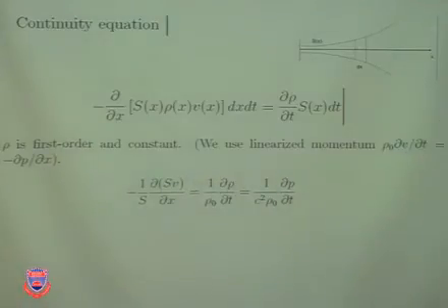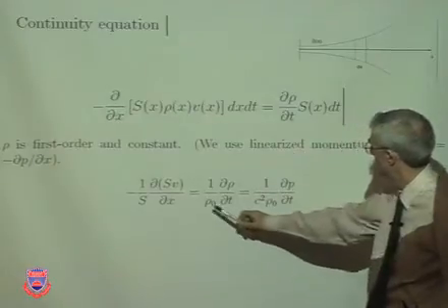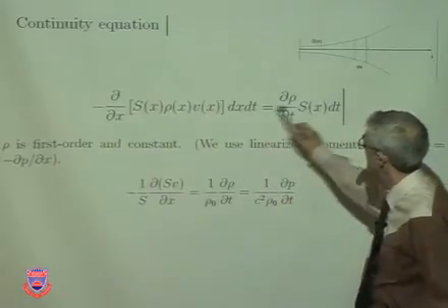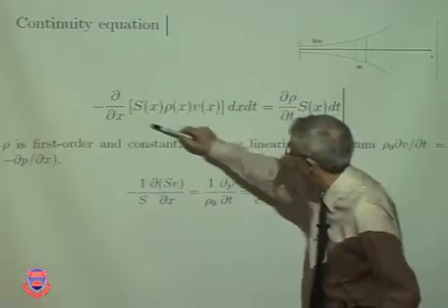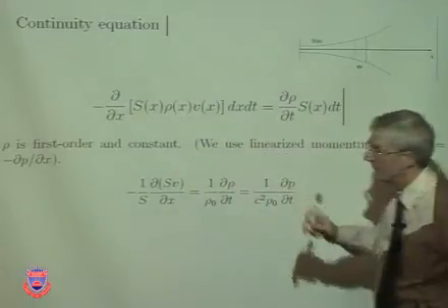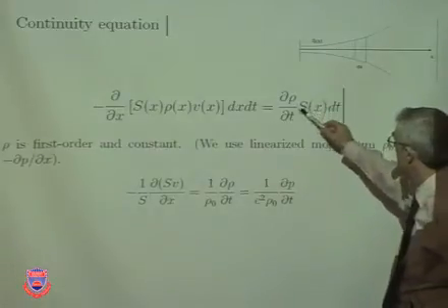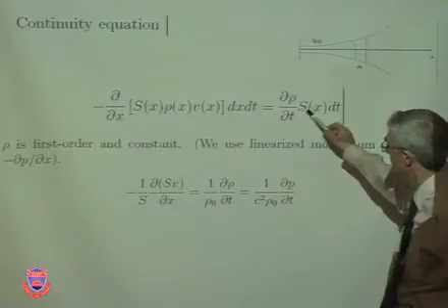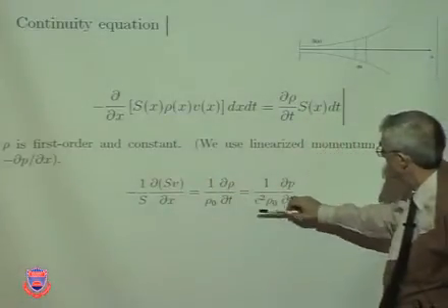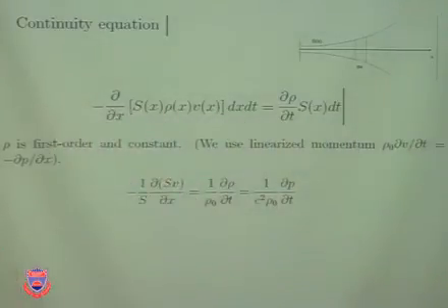What we have done here is take rho out, and S and v we kept together. You can see on the left-hand side, this is a partial derivative of the gradient of S times v. That's the area times the velocity. S of x is independent of time, so it comes over here, and we now have a modified wave equation. Modified, not quite there.